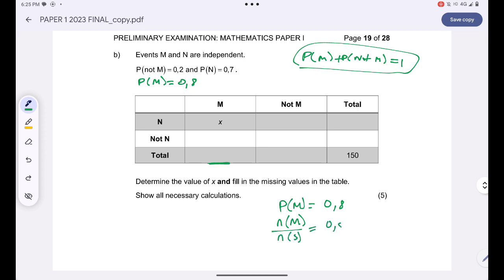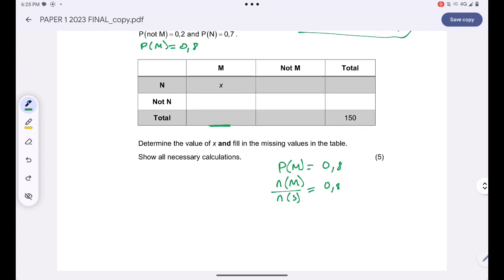I do not know the number of elements in M, but I know my sample space is 150, so the number of elements in M divided by 150 is equal to 0.8. Therefore, the number of elements in M is 0.8 multiplied by 150, and 0.8 times 150 gives me 120. So over there, I have a total number of 120.